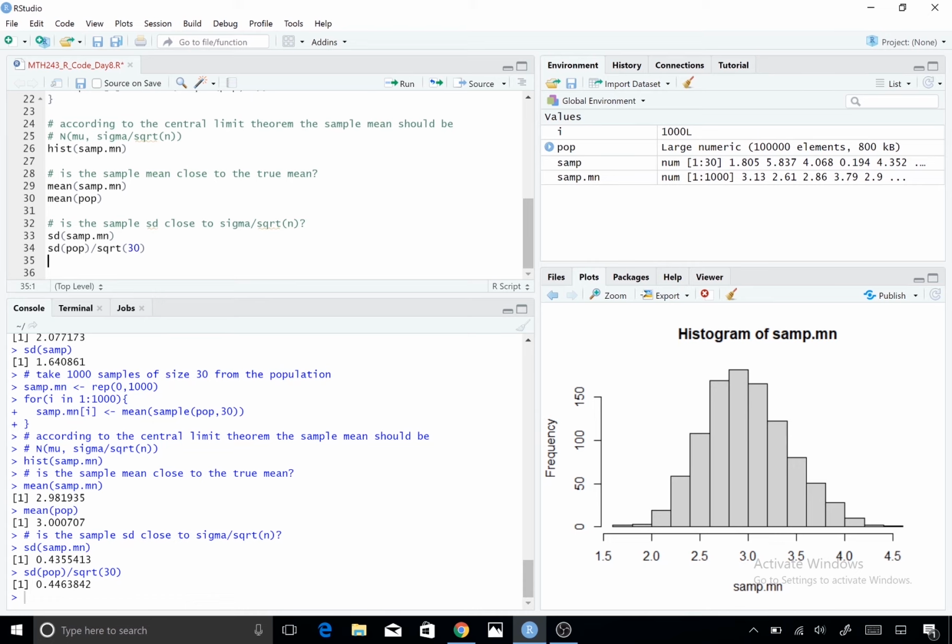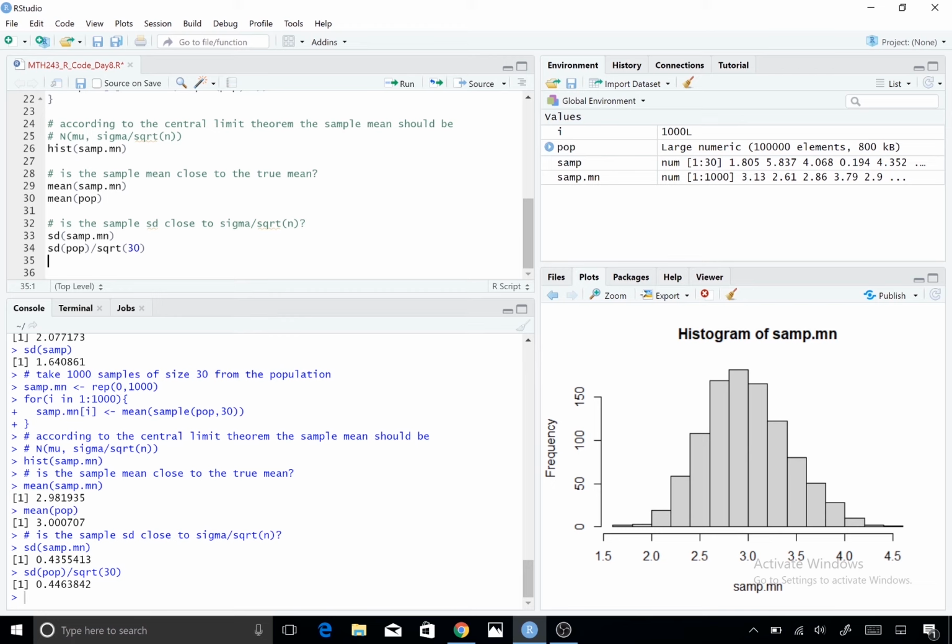Let's go back to that sample we got that was way off, where the sample mean was 2.077. How unlikely was that? How often will we get a sample mean that low from a sample of size 30 from this population?